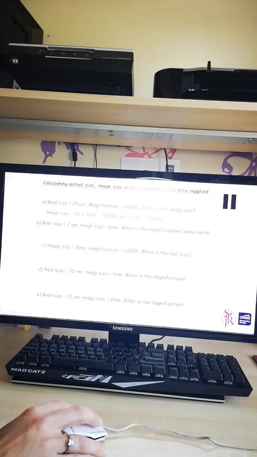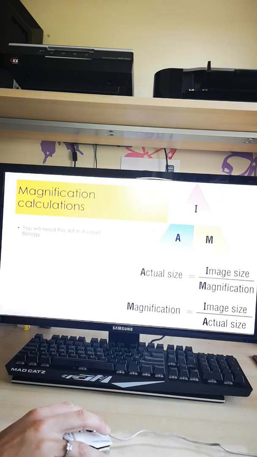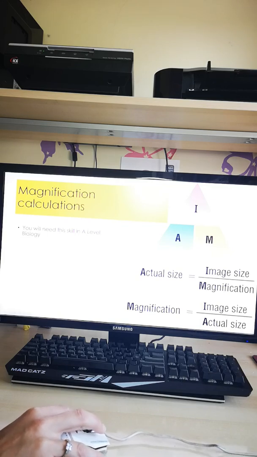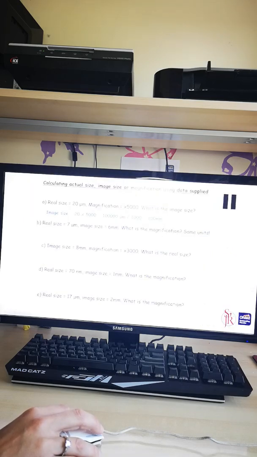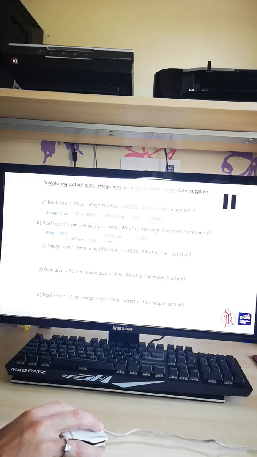The next one, the real size was 7 micrometers, the image size 6 millimeters. What's the magnification? This is a reminder: one thing students forget to do, before applying the formula, image size divided by real size, is make sure they're in the same units when you do that division. So convert one before. It doesn't matter which one you convert, just make sure they're in the same units.